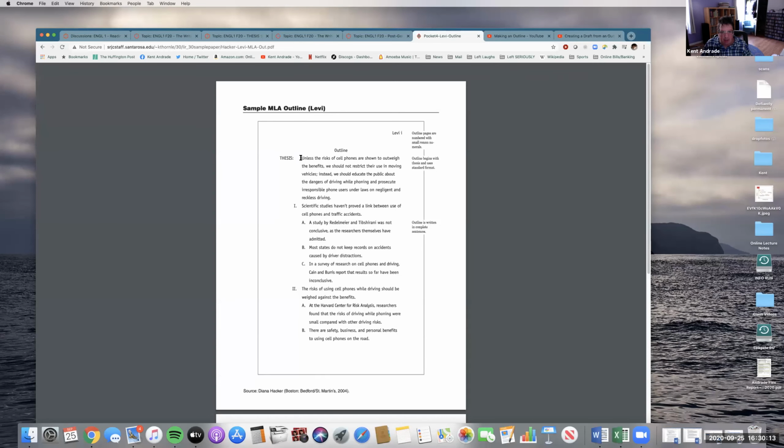And at the top of our outline, we simply write the thesis. We do not worry about the intros and conclusions. You can't write an intro or conclusion until your body is actually written, or at least extensively planned. So this is what your outline will look like. Thesis on the top, and then every body paragraph gets its topic sentence, its proof, and its point of discussion.